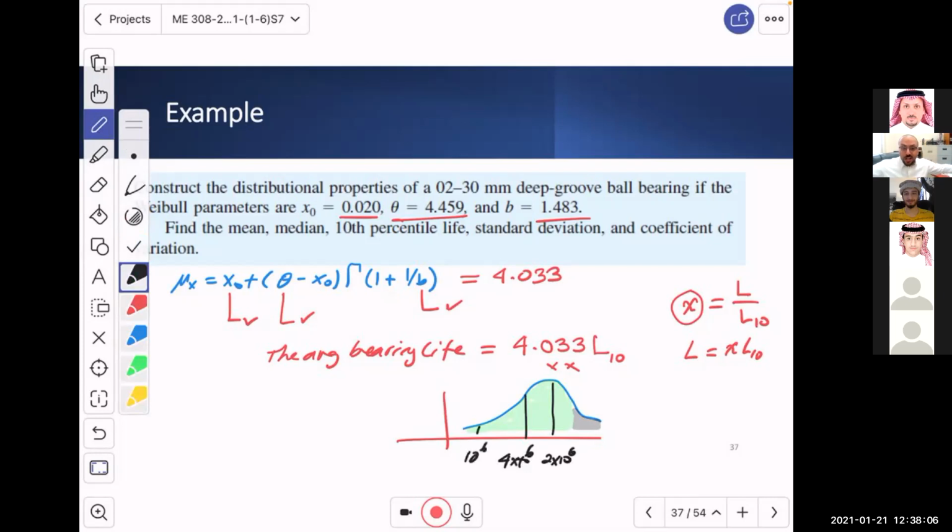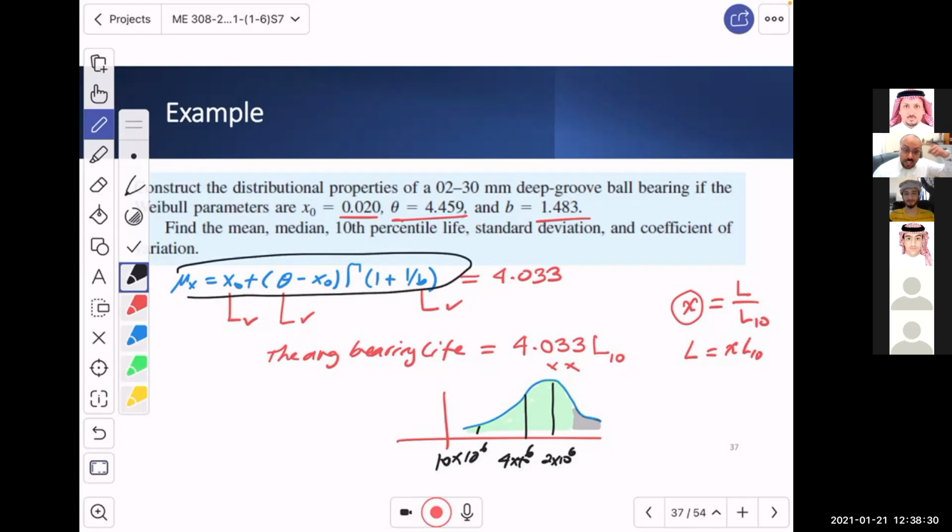Who knows? If you add the life of all of the bearings as an approximation, that's not what I told you. The mean here is not the total life of all bearings divided by their number. This is the average for a normal distribution.